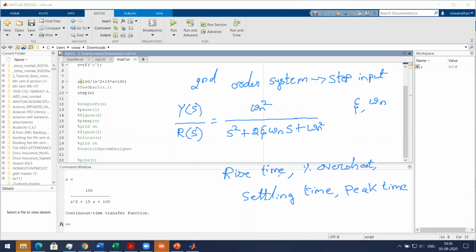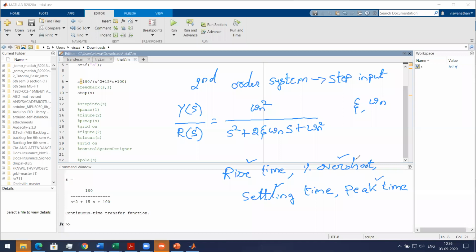These are called design requirements. When you are designing a controller, you have some requirements: rise time should be within this, percentage overshoot should be within this, settling time should be this, and peak time should be this.